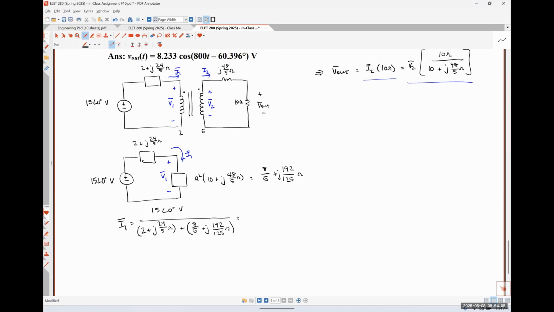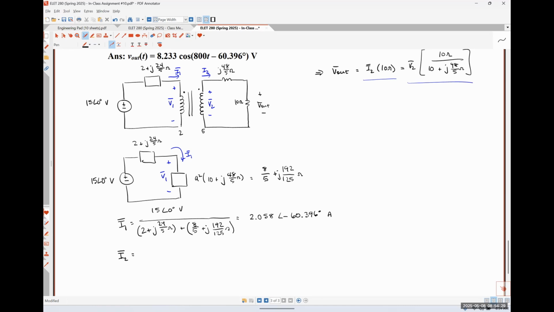And if I type things in correctly here, I got 2.058 and some change with an angle of negative 60.396 degrees amps.